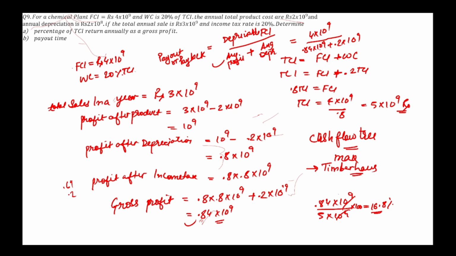So this will be 4 divided by 0.84 plus 0.2, that is 1.04, into 4, 3.84. So 3.84 years will be the payout period.